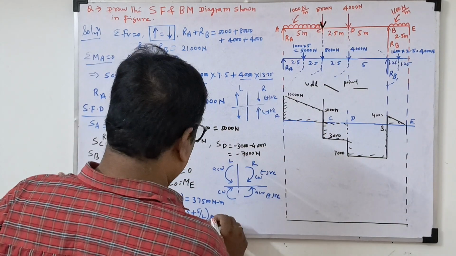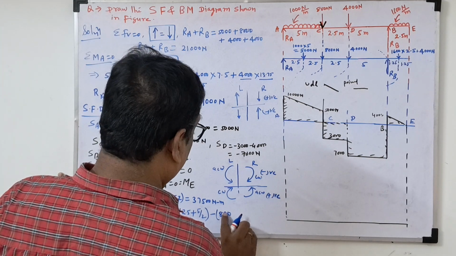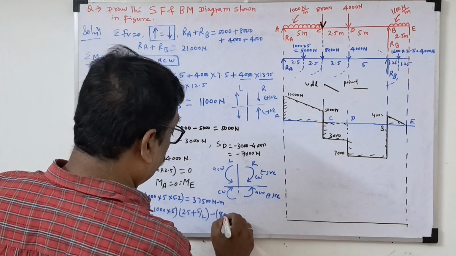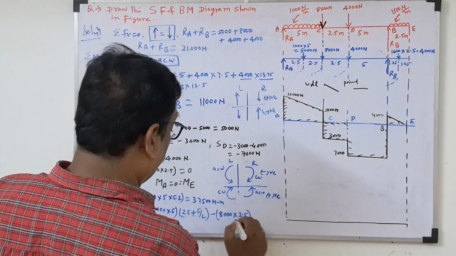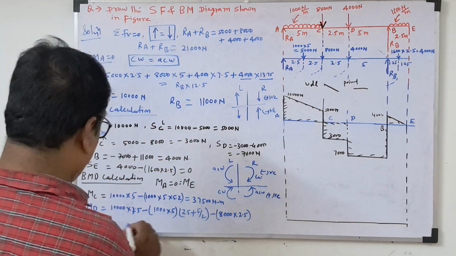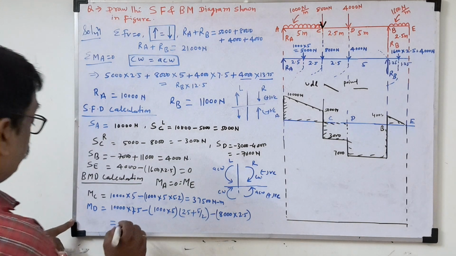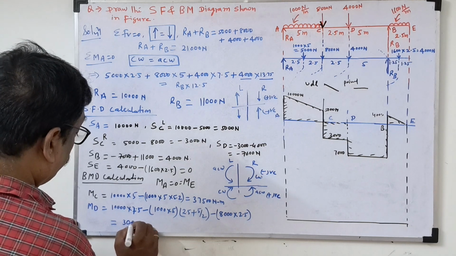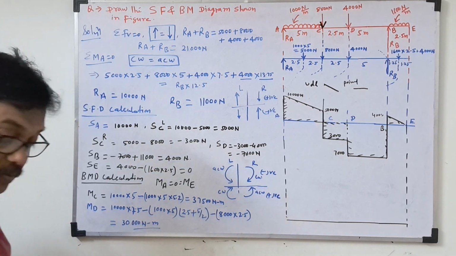Now this point load minus, point load how much? 8,000 into total distance 2.5. If you calculate this, how much will we get MD? Just we'll see. MD will get here 30,000 Newton meter. This is the calculation, MD we are getting.